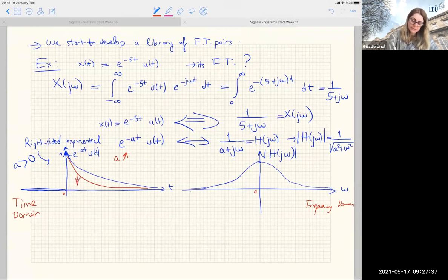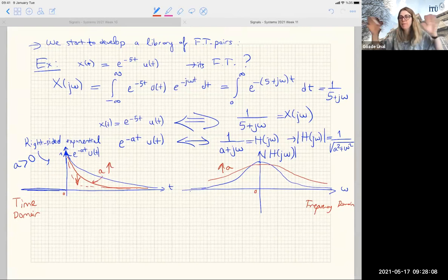As I increase A, it's going to decay very fast, so it's going to be non-zero only for small parts of the time domain. But it will have a vice versa effect. Guys, it will start to have a wider spectrum as we increase A. So this was the effect of increasing A. But as A increases, we have a wider frequency coverage.